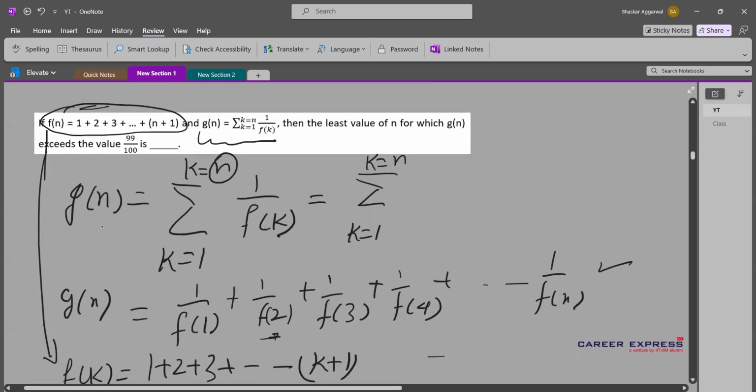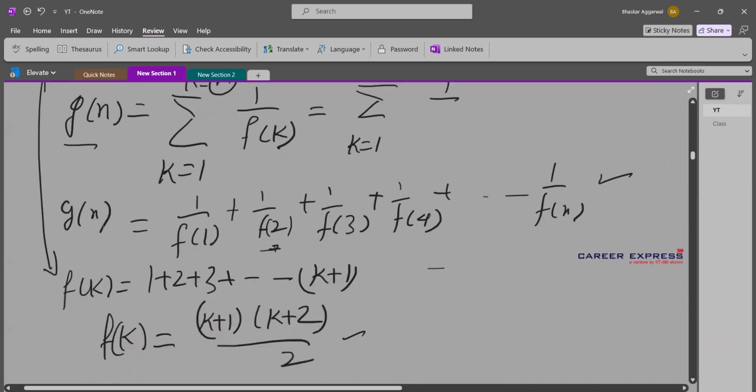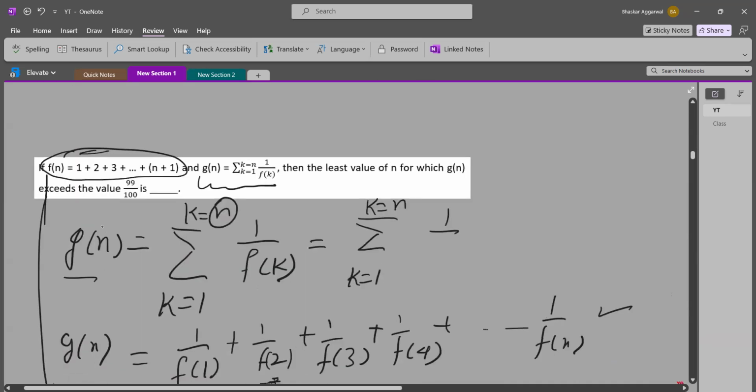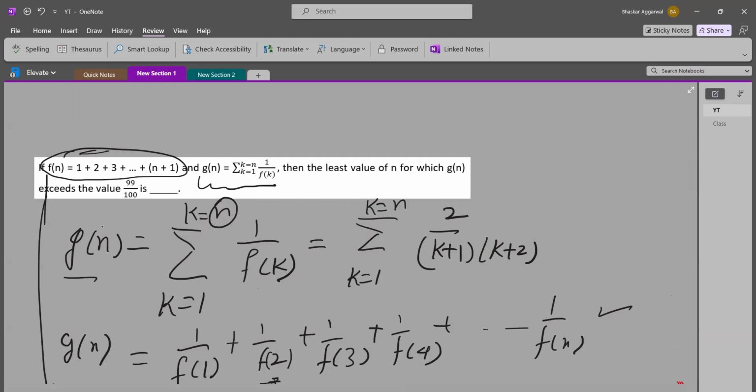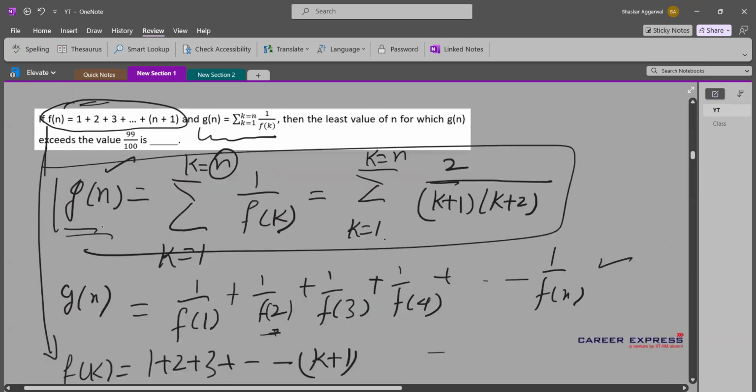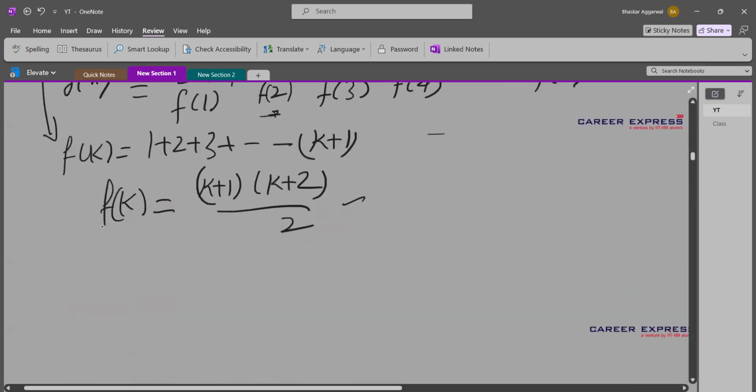So I can say gn will be 1 upon fk, where fk is k plus 1, k plus 2 by 2. And 2 comes here. So this is what gn is, with k from 1 to n. Now I can modify this gn again.